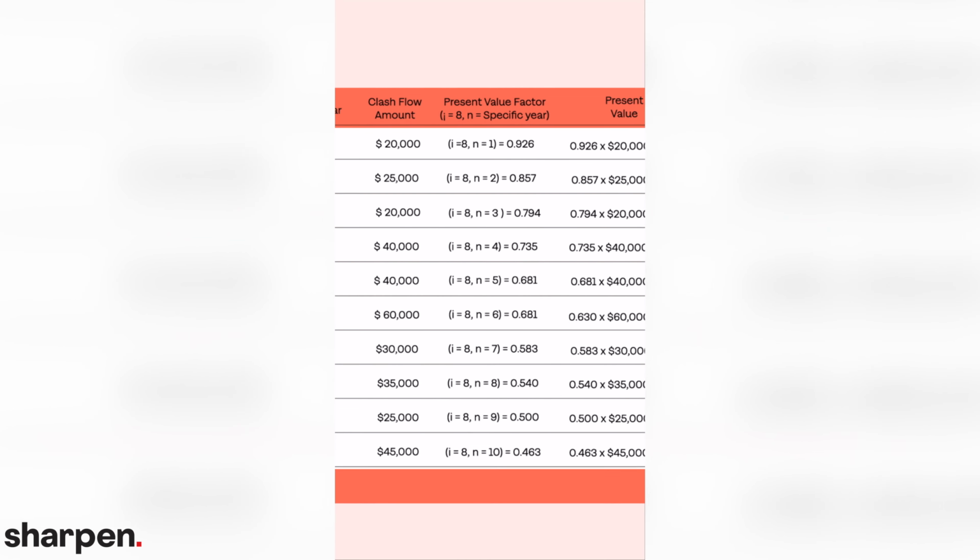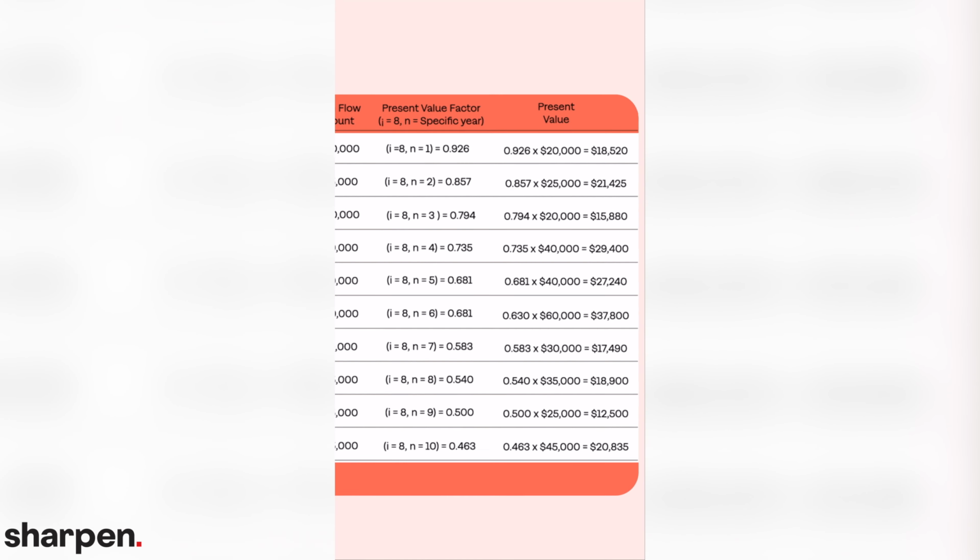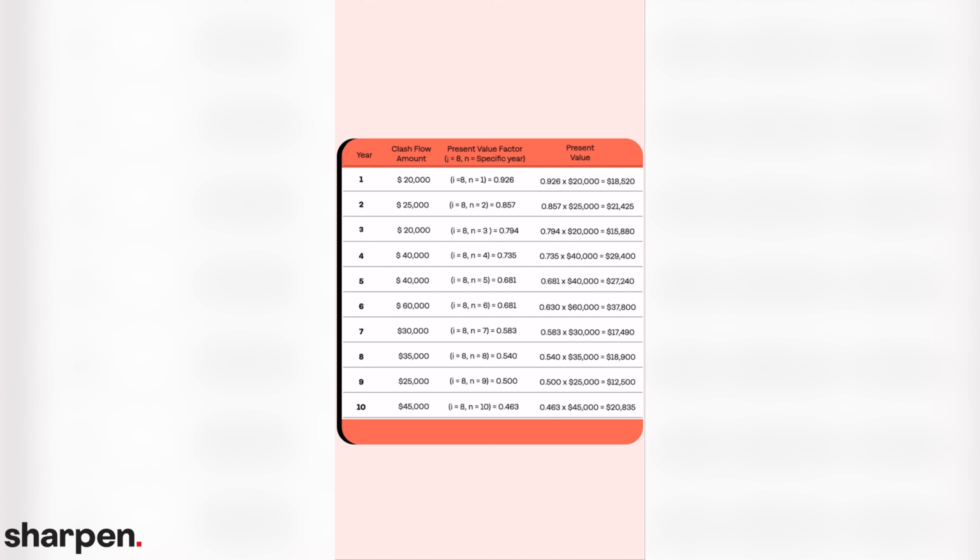In that case, you'd have to determine each year's present value factor and multiply it by that year's cash flow. Then you'd add up all the cash flows to get one overall present value figure, which you'll use to find the difference between the present value and the initial investment cost.